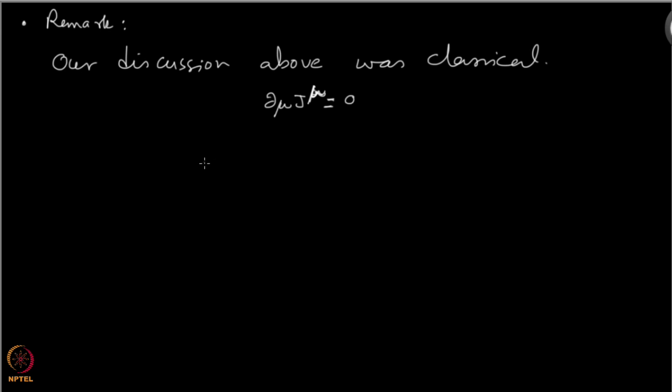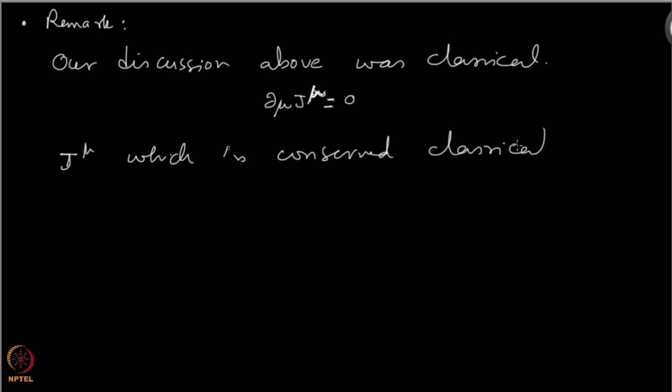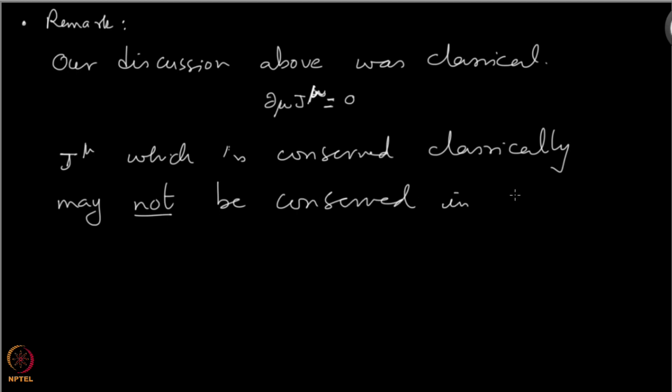Now, whether these conserved currents will still remain conserved after we start doing quantum theory is not guaranteed. It works in almost all the cases except for some anomalies. But this we should remember. So this J mu, which is conserved classically, may not be conserved in quantum theory.